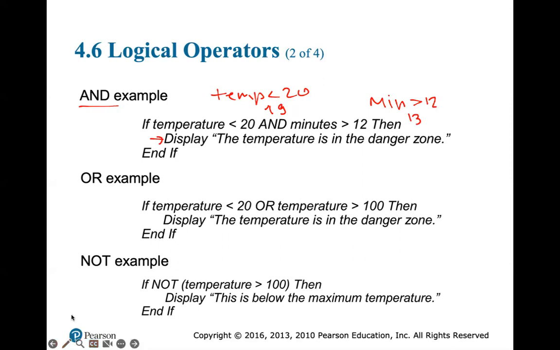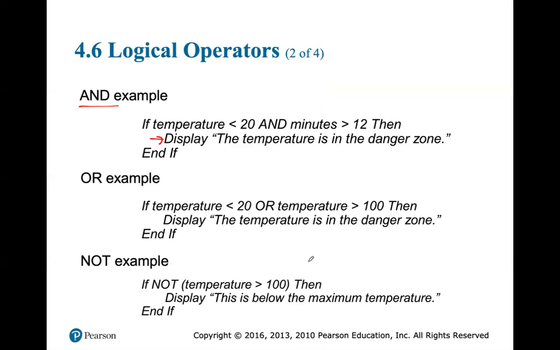If any one of these were not true, for example, if our temperature were 21 and our minutes were actually good, say 14, this would still evaluate to false because we do not meet the condition of temperature being less than 20. So this is the main thing with and: make sure that both expressions evaluate to true. Only that way will you get to the executable code within that if structure.